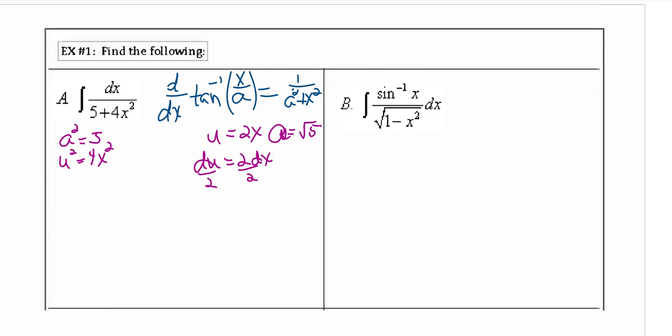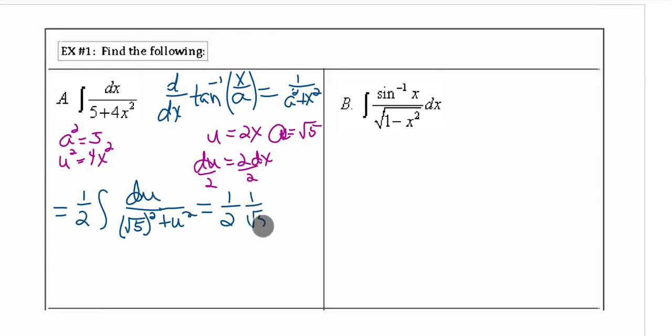So we're ready to write our integral. So we have 1/2 the integral of du over, I'm going to write it this way, square root of 5 squared plus u squared, and that is going to be, of course, 1/2, or 1 over the square root of 5, and then the inverse tangent of u over the square root of 5.